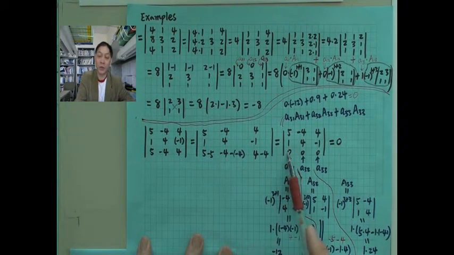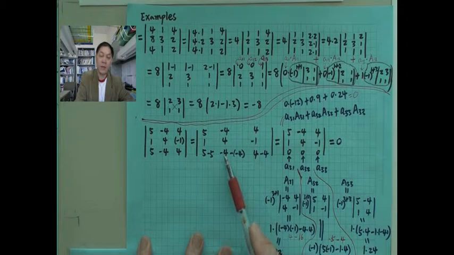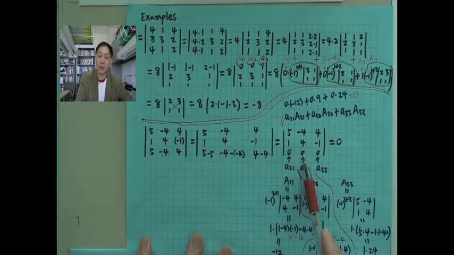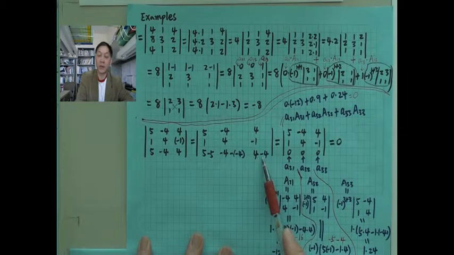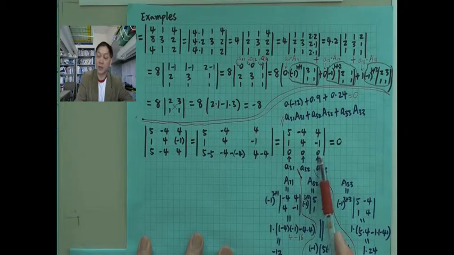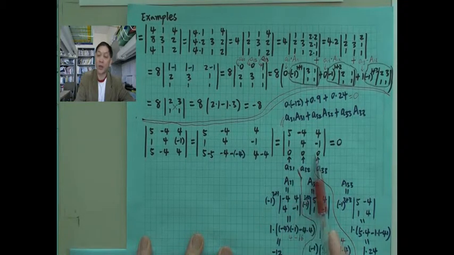5 minus 5, you get 0. Negative 4 minus negative 4, you get 0. And 4 minus 4, see this 4 minus this 4, you get 0. And the last row is 0.